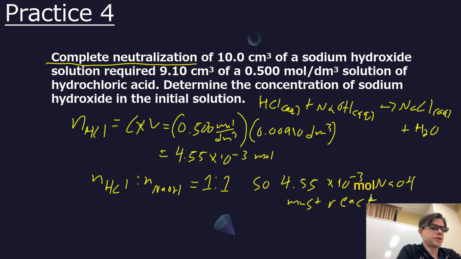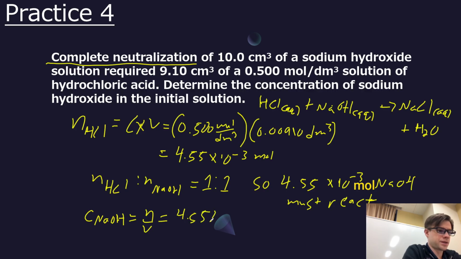And then we can find the concentration. So the concentration of NaOH equals n over V. We've got 4.55 times 10 to the minus 3 moles in some volume. It's 10 centimeters cubed.